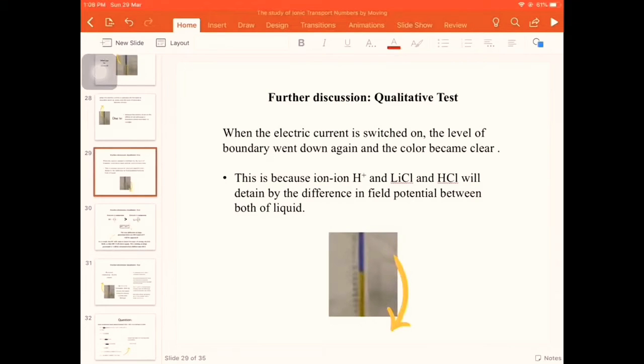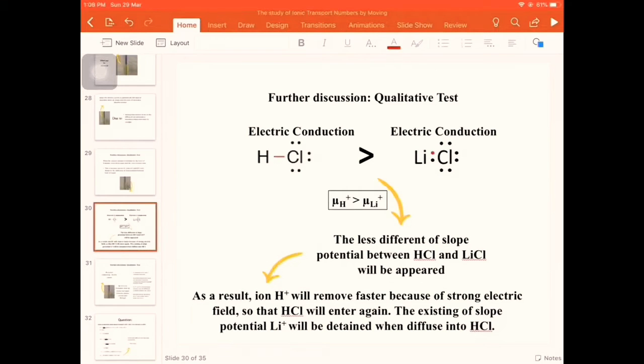The qualitative test also indicates that the electrical conduction of HCl is greater than the electrical conduction of LiCl. What I'm trying to say is that this is more into size matters.